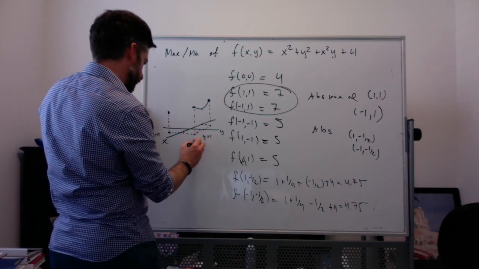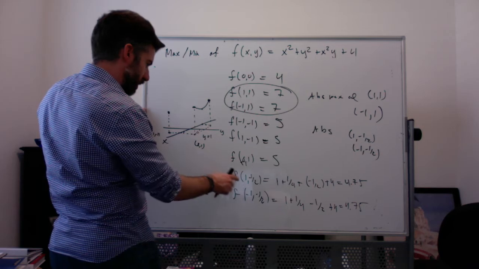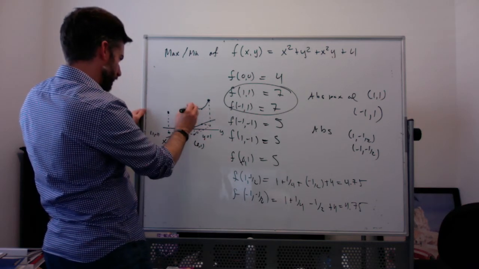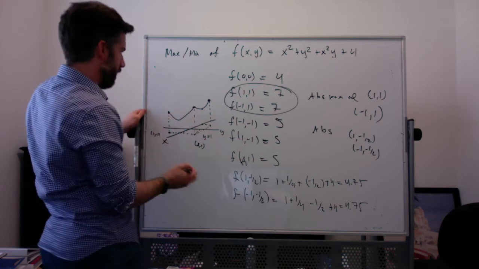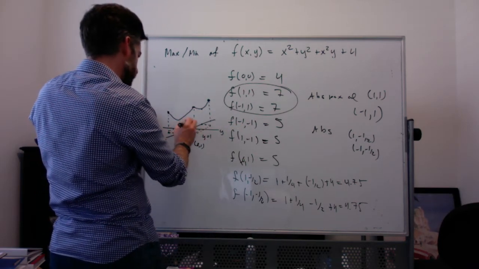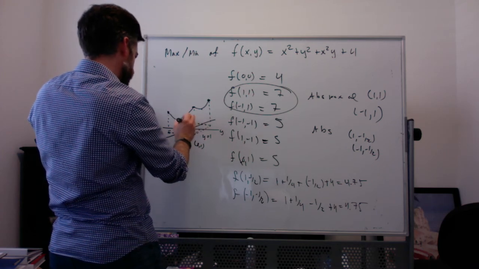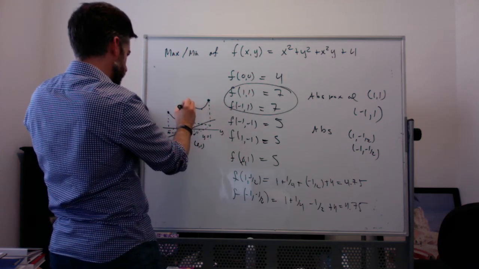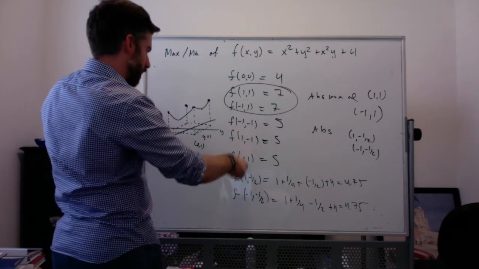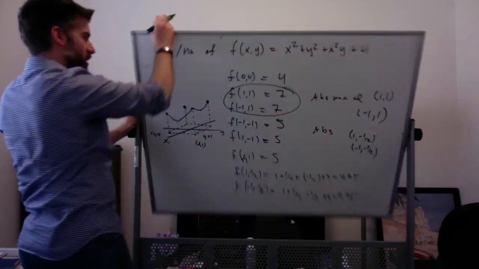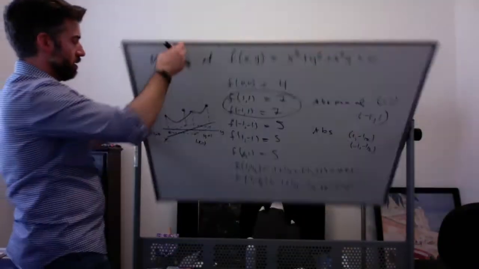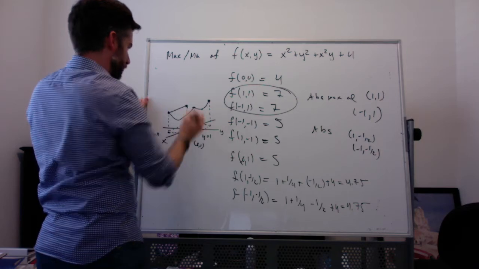When x is 1 and y is negative 1 half, it bottoms out, so maybe down here. So it kind of does this, and then comes back. And then at negative 1, negative 1 we also get 5. And I think we said along y equals negative 1 it was constant. Let me double check. Yeah, when y equals negative 1 it was constant. So this is just a straight line across here.